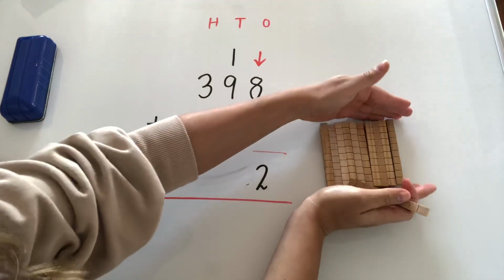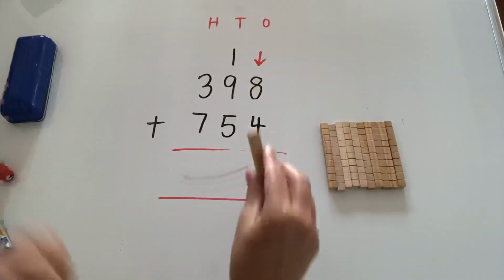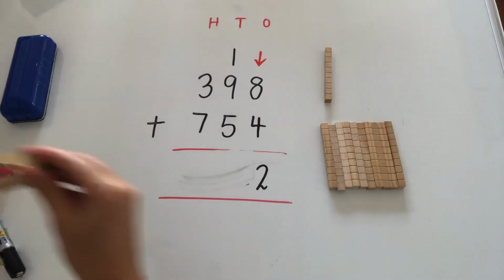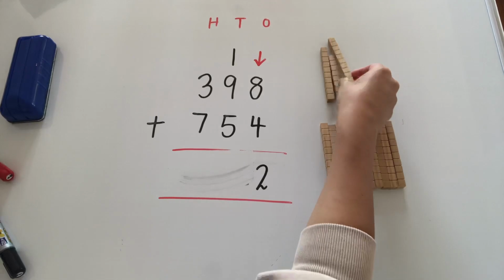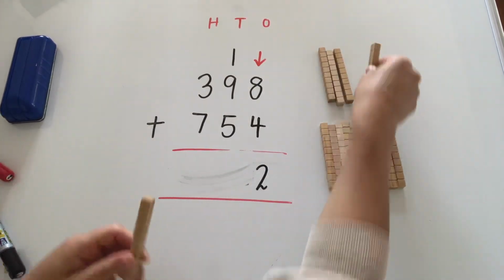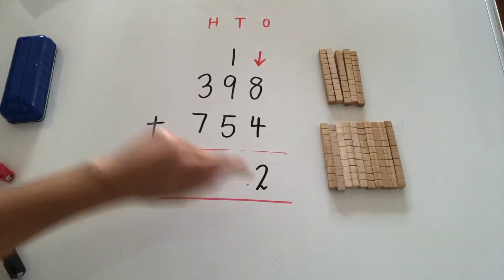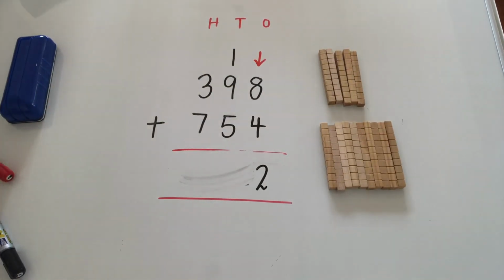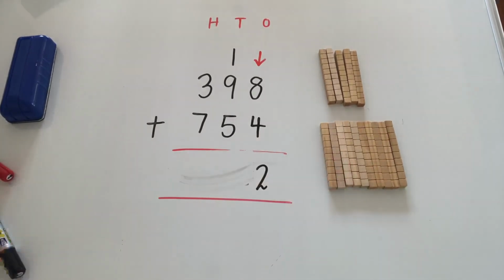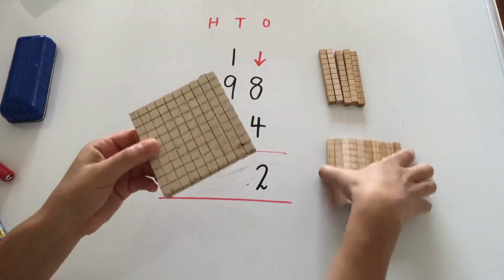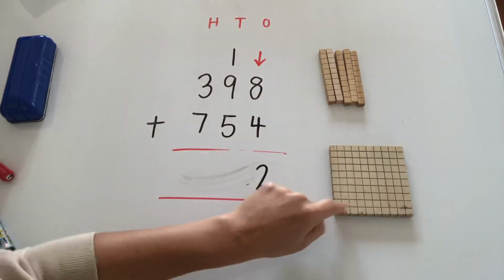So this is 10 here, and then I need another 5. 1, 2, 3, 4, 5. So I can see here I've got 15 tens, which is what our answer in the tens column was. This 10 can then be substituted for 1 flat because it's exactly the same as 100.